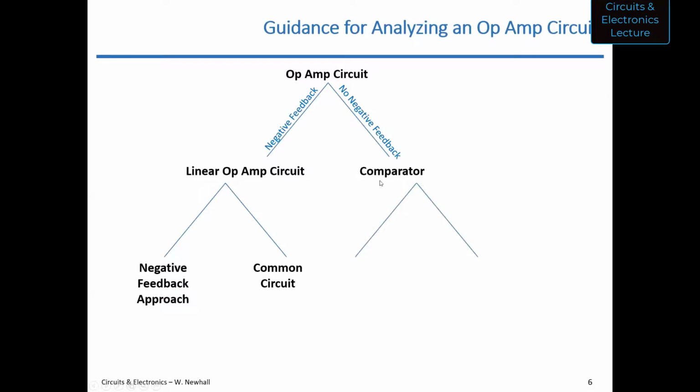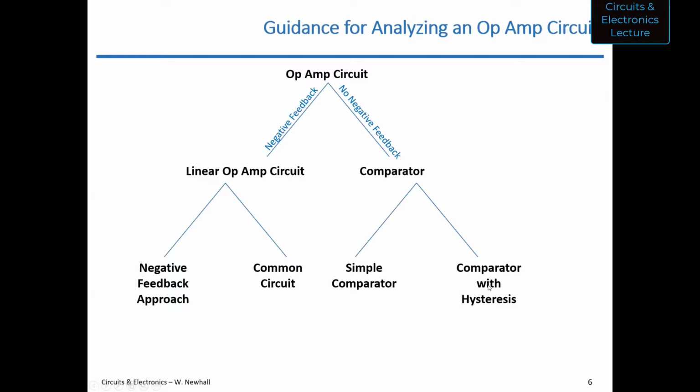In this class, when you see a circuit that has an op amp and does not have negative feedback, it's going to be a comparator. So a simple comparator is one type, and then there's a comparator with hysteresis.